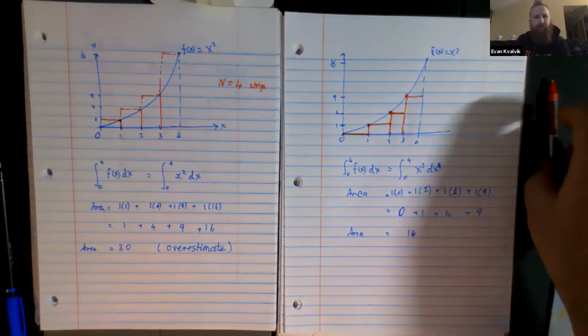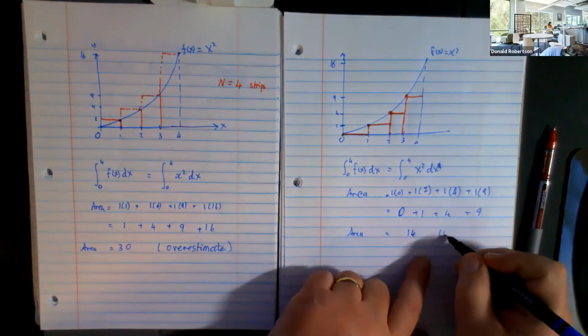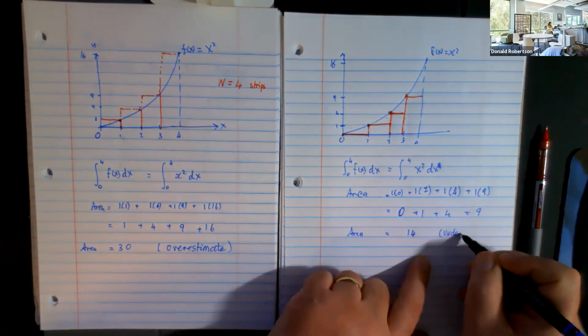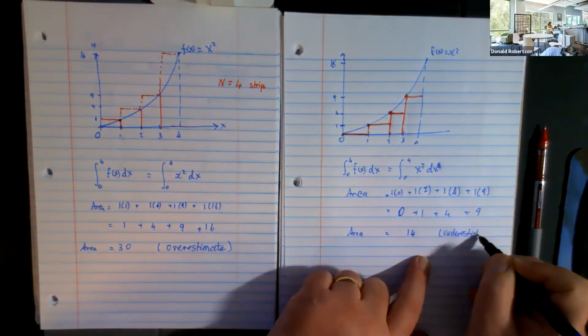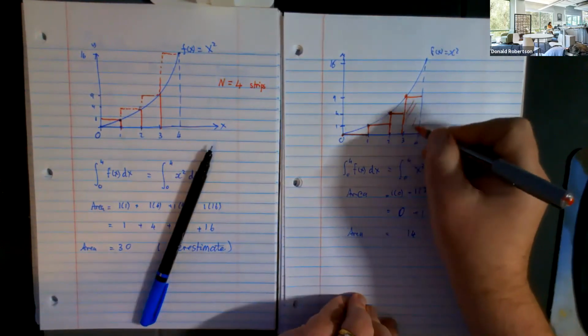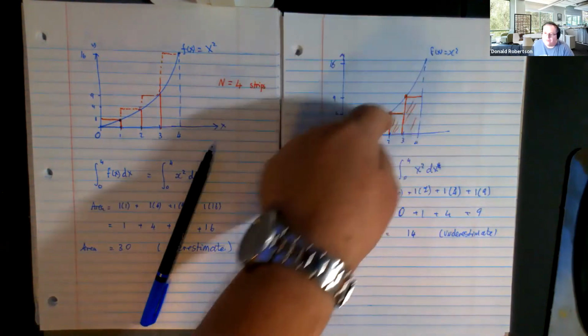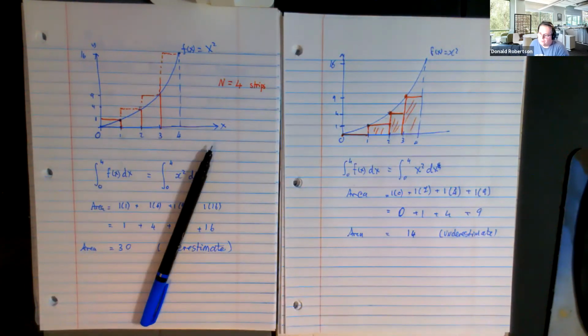Thank you. Right. Now, what do I know about this? Well, don't I know that this is what we call an underestimate? Would you agree that all these rectangles, don't they add up to something that's less than the area under the curve?